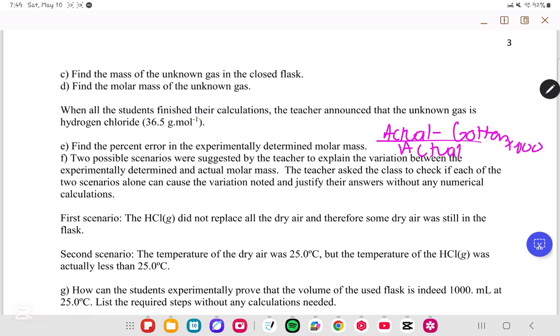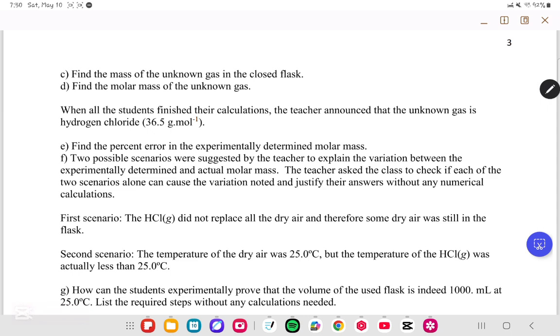So it's going to be 36.5 minus 34.3 over 36.5 times 100. Put it on the calculator, and you will get an answer of 6.03. So the percent error is 6.03%. Keep this in mind.